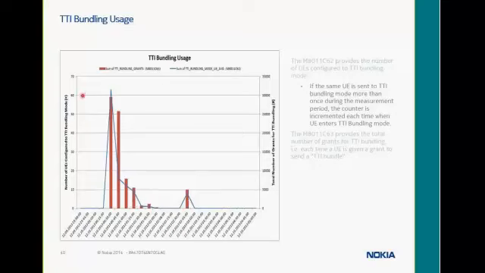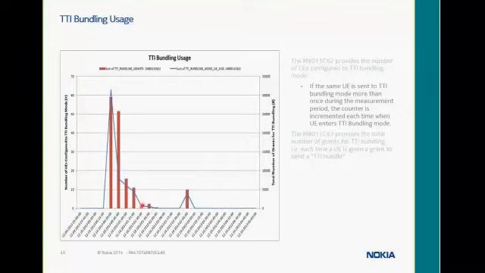So we don't have a lot of grants, but the total number of TTI bundling grants is the blue here, and the number of UEs is the number of UEs in TTI bundling.